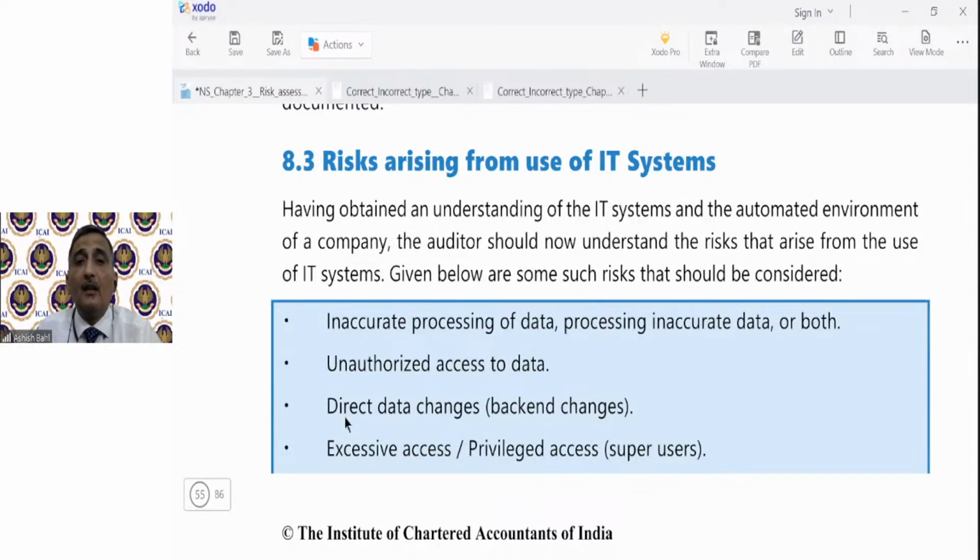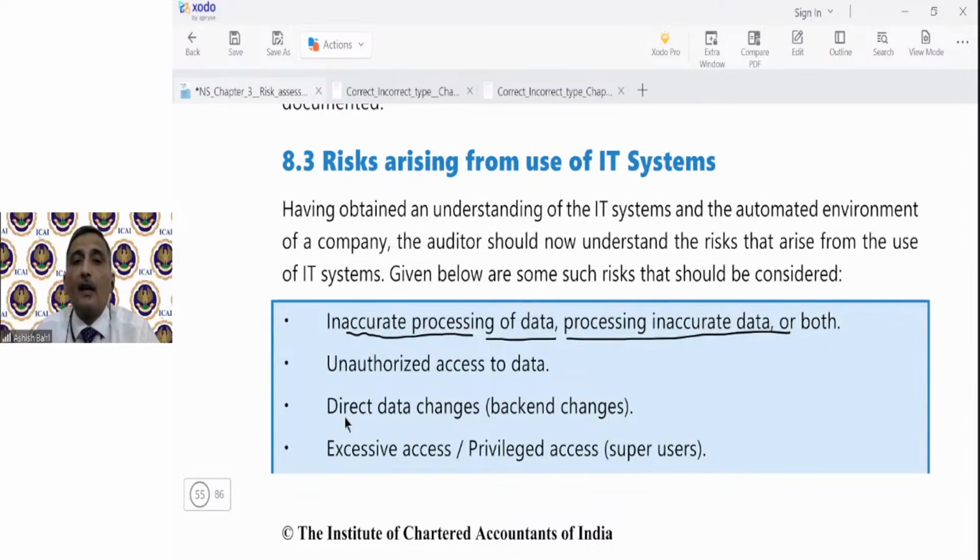These include inaccurate processing of data. If the software itself has some fault, it would lead to inaccurate processing of data, and that error, that mistake, would not be restricted to one segment. It would be affecting many areas.